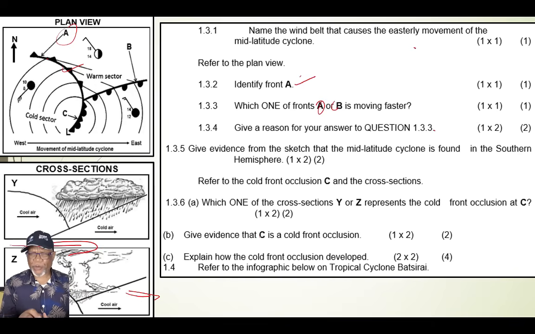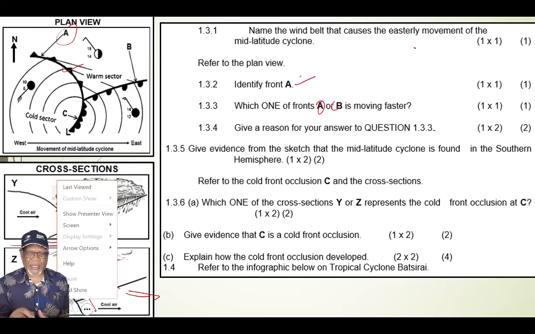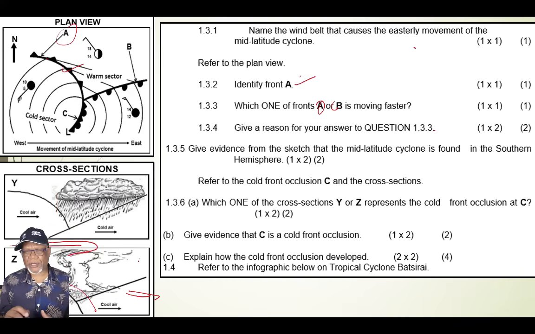Okay, now we have give evidence that C is a cold front occlusion. Why do we say C is a cold front occlusion? Because we can see the cold front is touching the surface. That's why we're saying that. Explain how the cold front occlusion will develop.